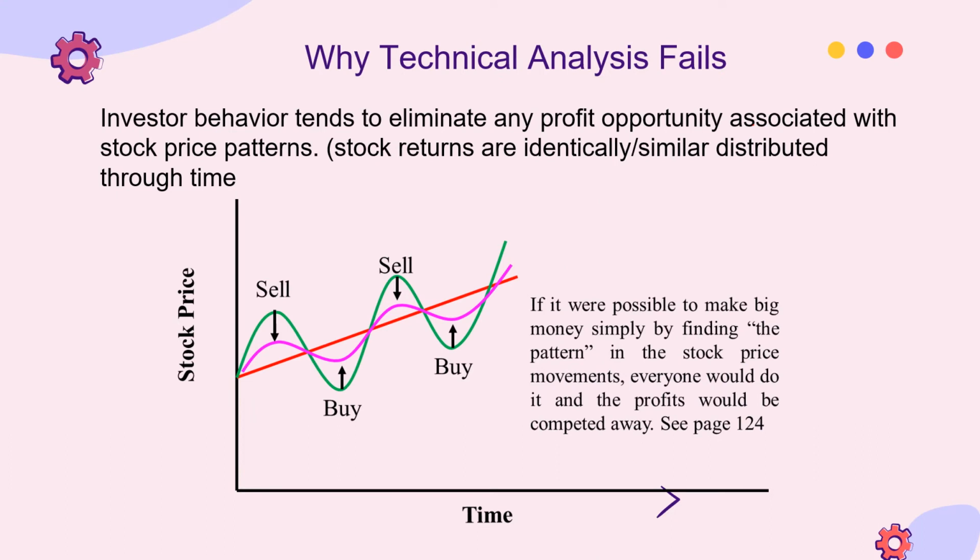Okay, on this slide, it explains why technical analysis fails. As I explained to you just now, under weak form market efficiency, technical analysis is useless, because if professionals use technical analysis to predict the future share price, they will all see the same pattern as the investors.